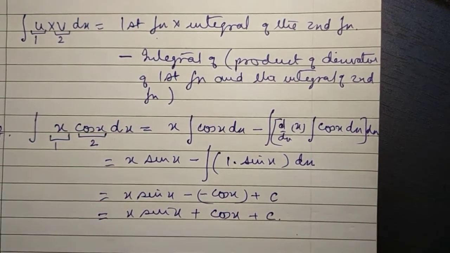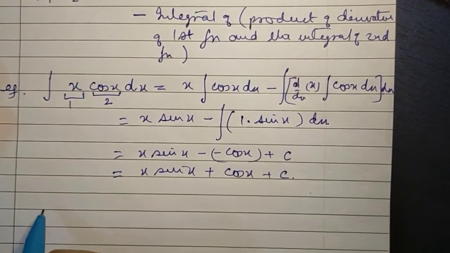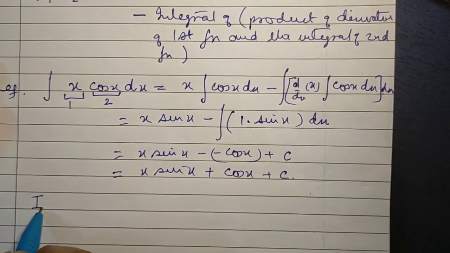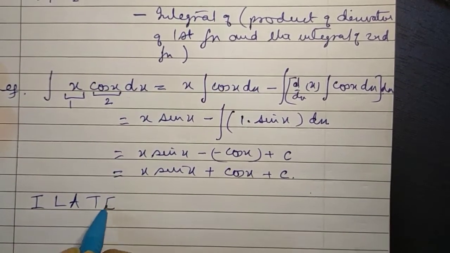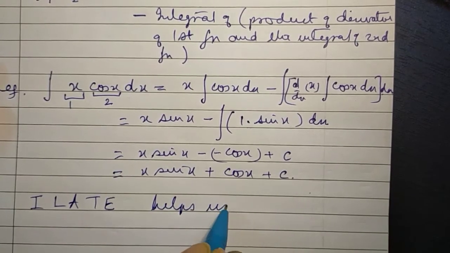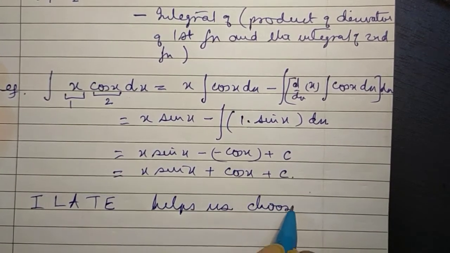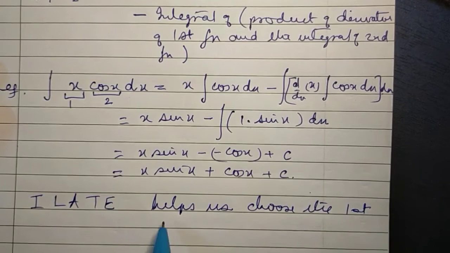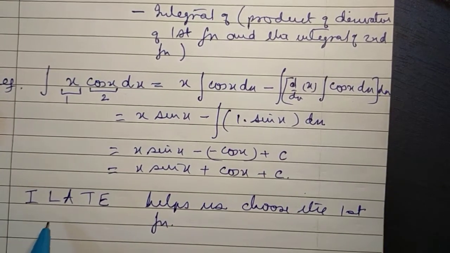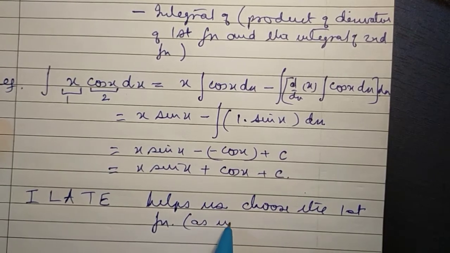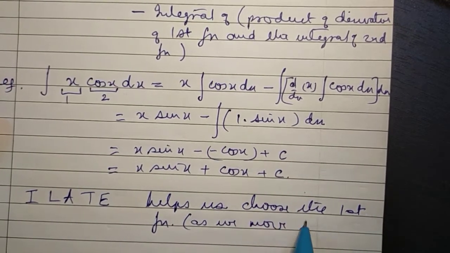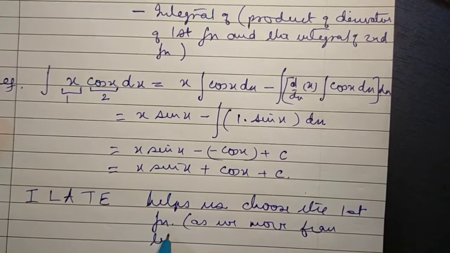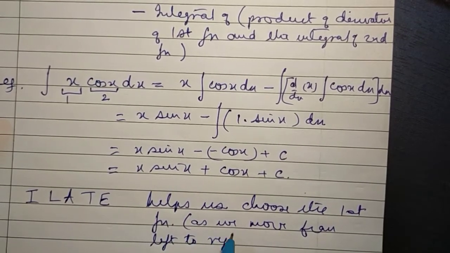And for that we have a very easy method called ISLATE, which helps us choose the first function. Whichever comes first as we move from left to right.